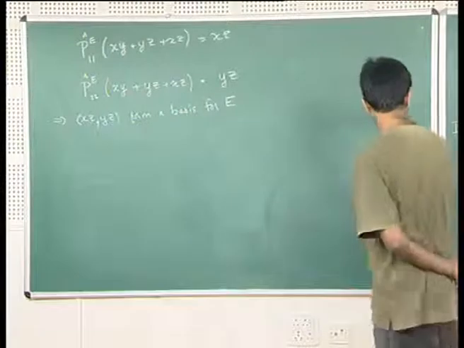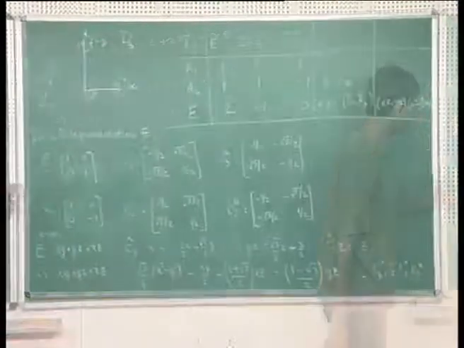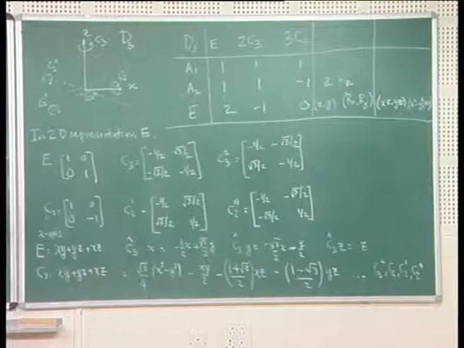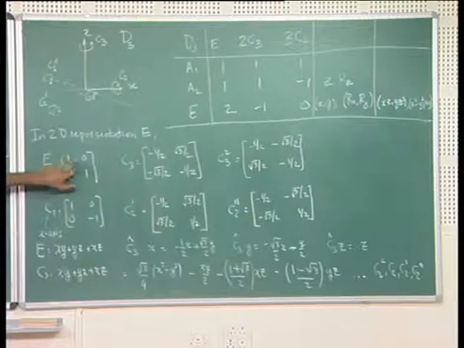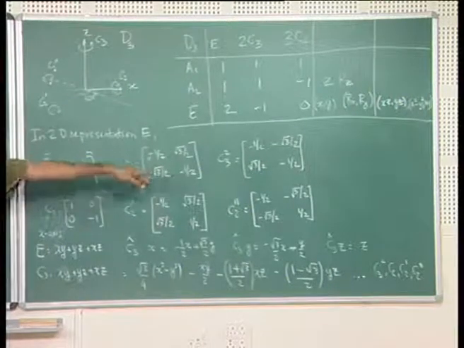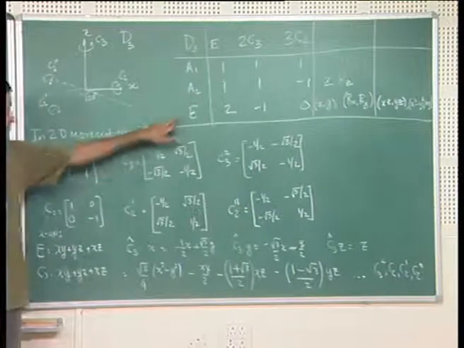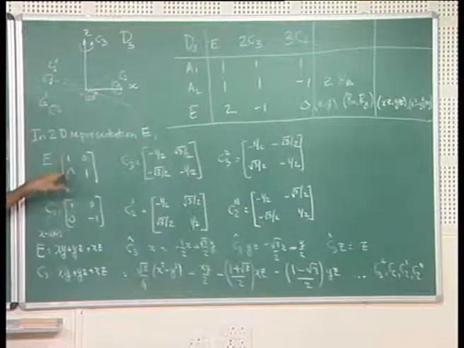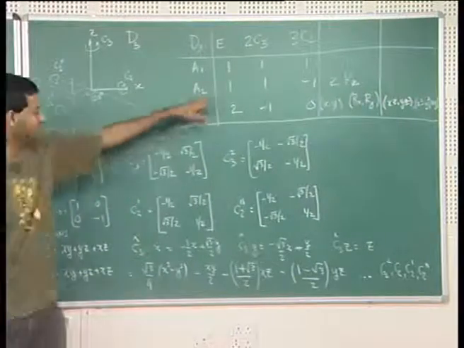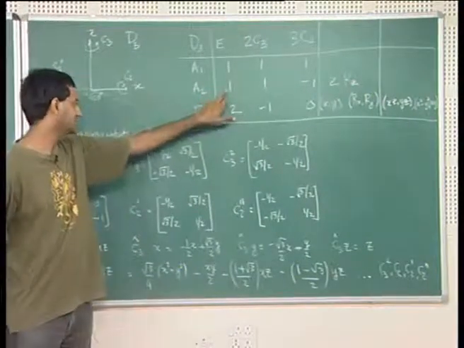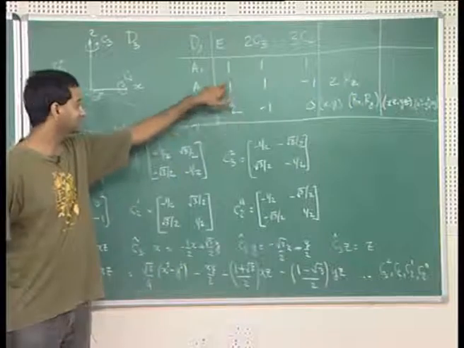Now what I want to point out is that this method is extremely tedious, because we have to construct the matrix elements of each of these operations. That itself is a tedious process. For a two-dimensional representation, constructing matrix elements is not that easy. For a one-dimensional representation, the matrix element is just a scalar, and that is just the character.